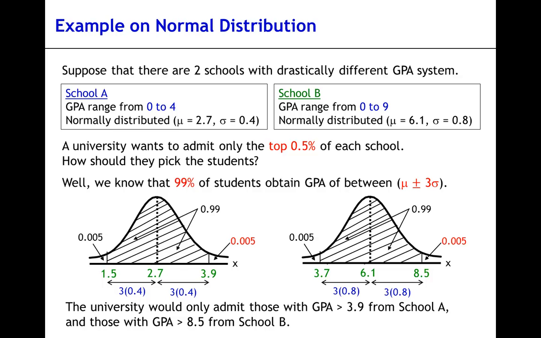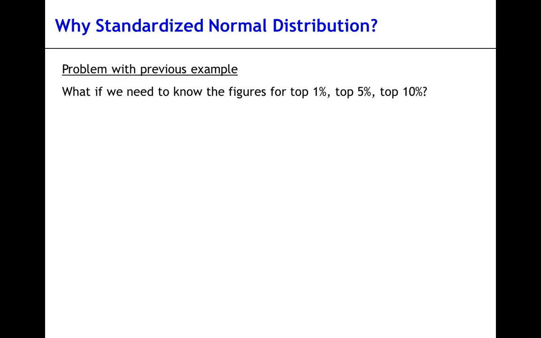While such info is indeed helpful, the reality is that this example is too simplistic because only two schools are involved. What happens if we need to vary the admission criteria, say for the top 1%, top 5%, or top 10%?